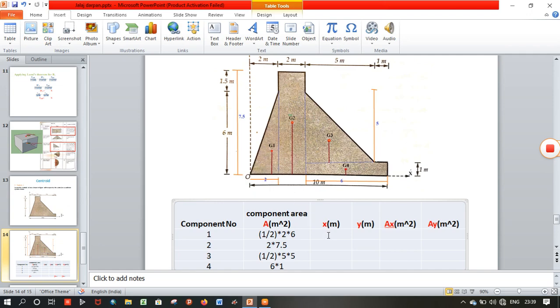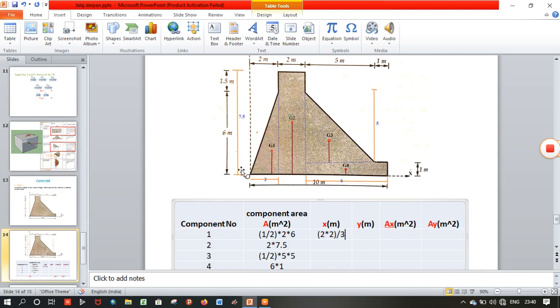So 2 into h, nothing but the base width, which is 2 meter, 2 meter by 3. So this one is nothing but the location of the centroid with respect to the x-axis. Now the location of the centroid with respect to the y-axis, from here to here, is nothing but h by 3.